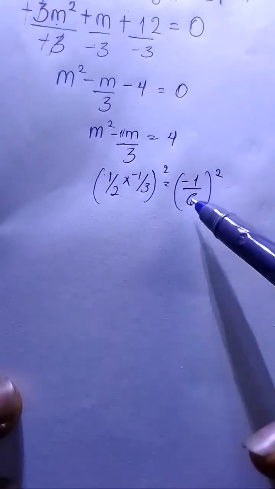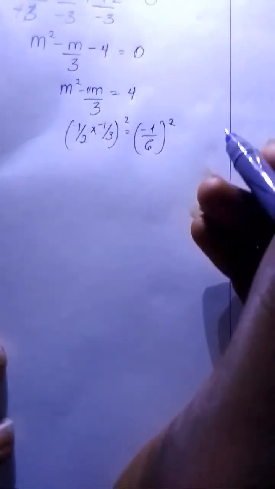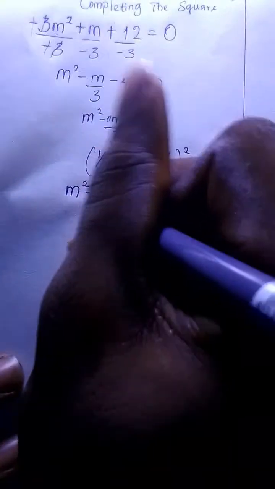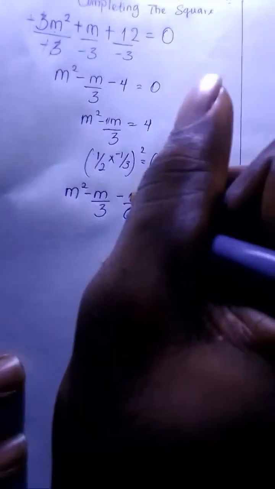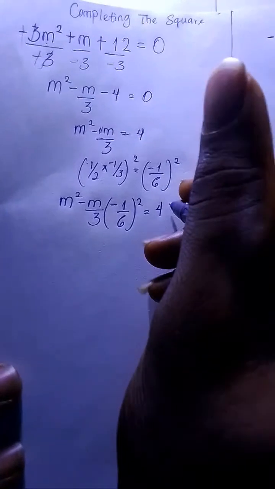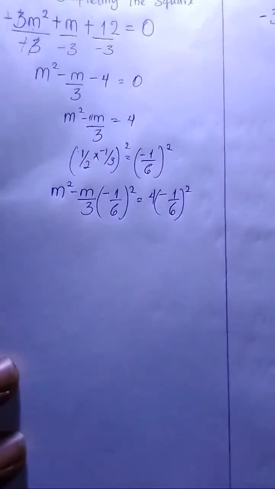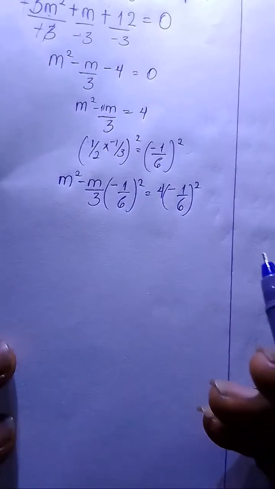So we are going to add this to both parts of the equation here. So from here we have m squared minus m over 3. So this is minus 1 over 6. We have minus 1 over 6 squared equals 4 minus 1 over 6 squared, right? So from here, what do we now do?